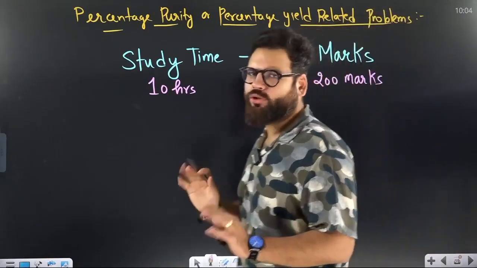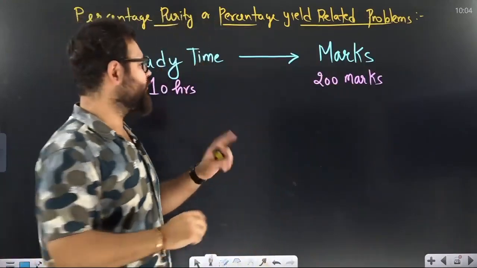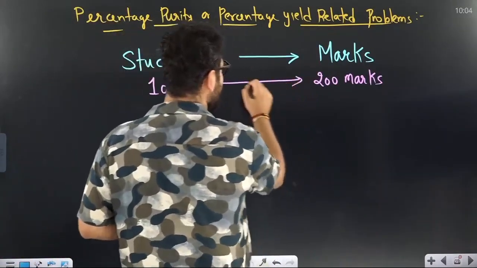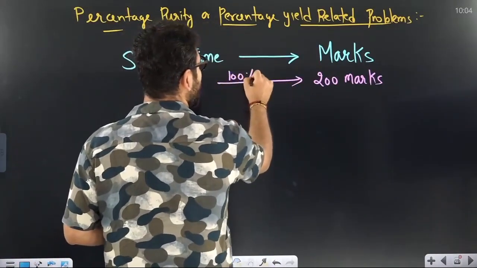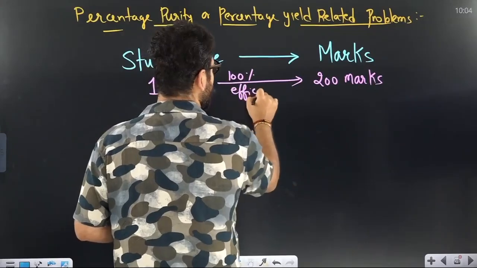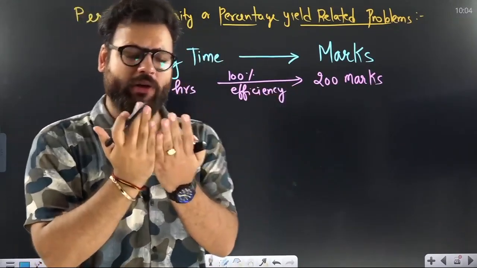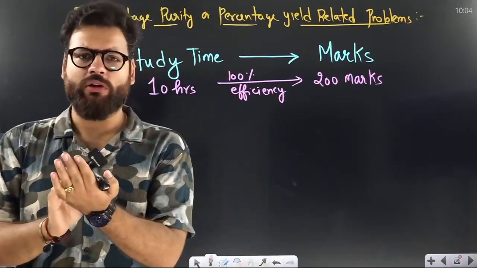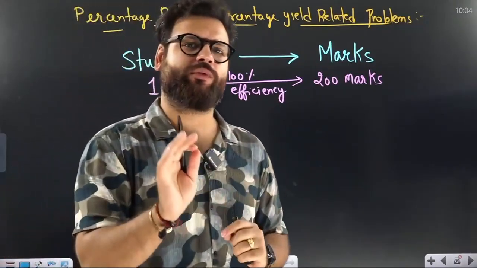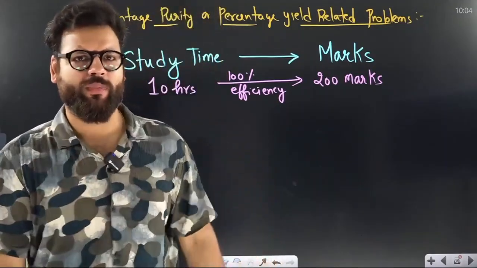Okay, that is the stoichiometry. 10 hours give 200 marks. This is when everything is fine, 100% efficiency. When you are actually studying for 10 hours properly, with your eyes open, with the books also fine, everything is good, you are studying for 10 hours, you get 200 marks.